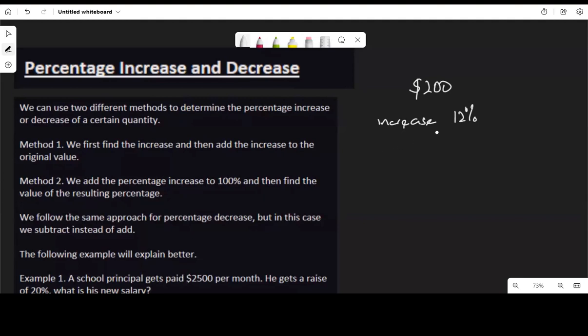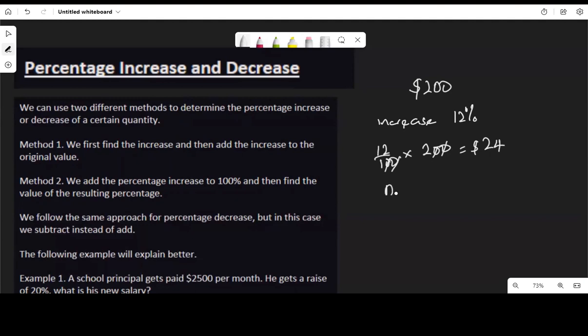For example, 12% means 12 over 100 times 200. 0 will cancel 0. And 12 times 2 is 24. So the percentage increase is $24.